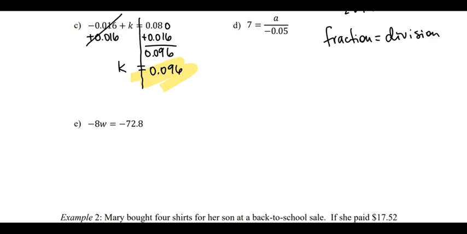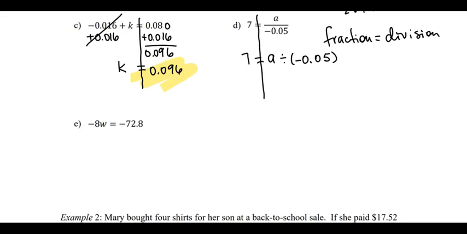That means the opposite operation would be multiplication. I'm going to rewrite this problem, a divided by negative 0.05, because when we solve the equation, we do the opposite operation of what's already there. Since we have a division, we're going to multiply.